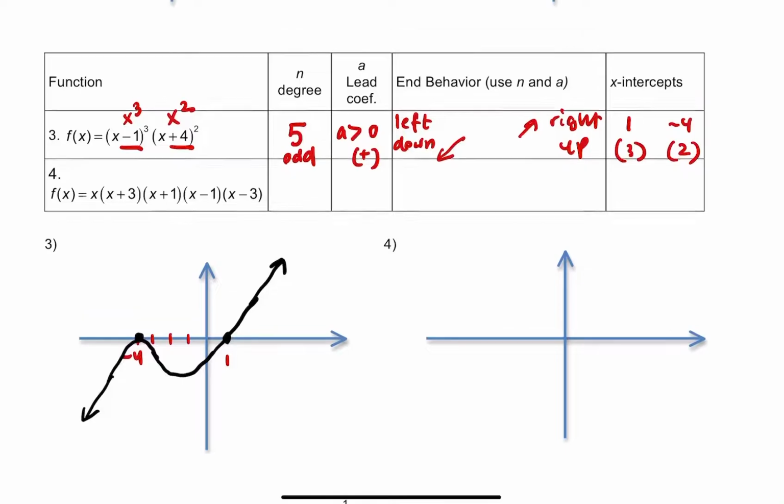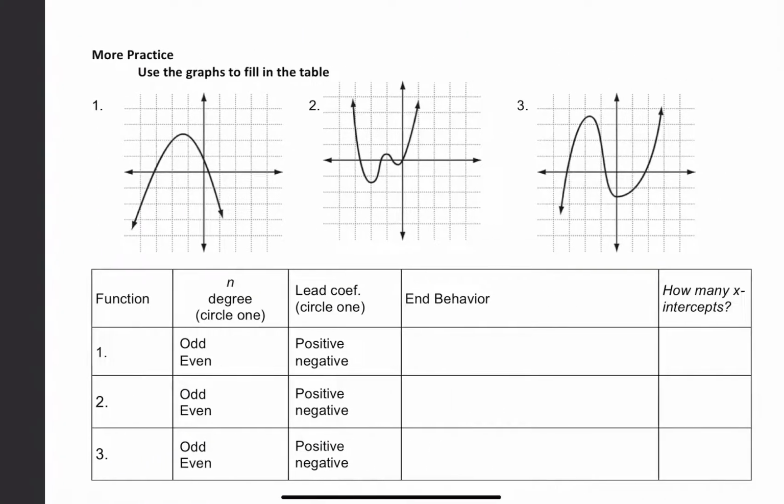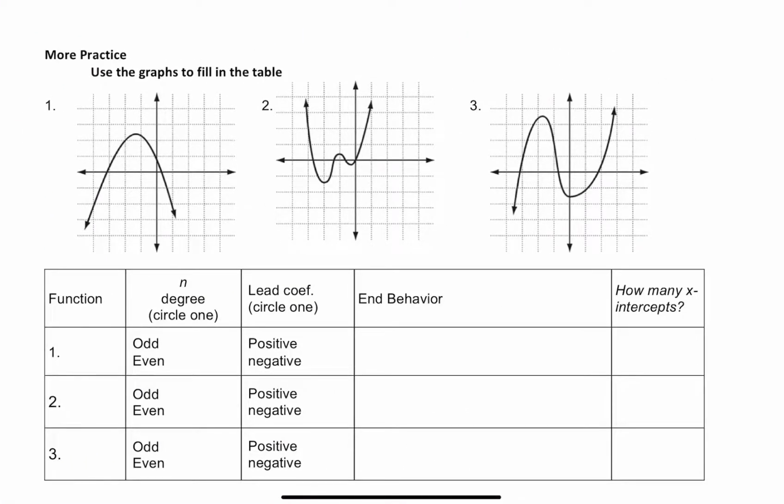Okay, all right, let's look at the next page. Let's go to question 1. So now we are given the graphs, and we are asked to answer a question about each of those functions. If I look at function number 1, I know that both ends face in the same direction, and if they face in the same direction, then the function is even.